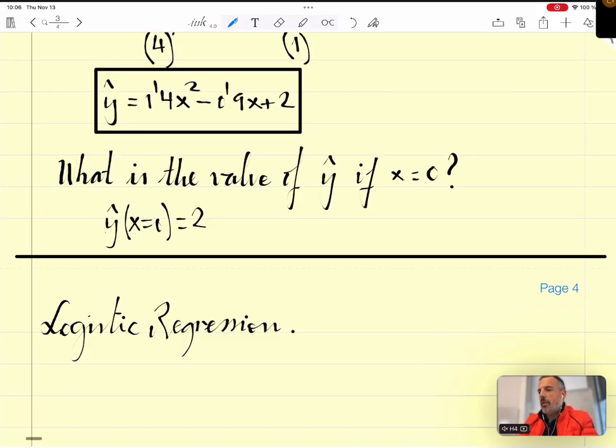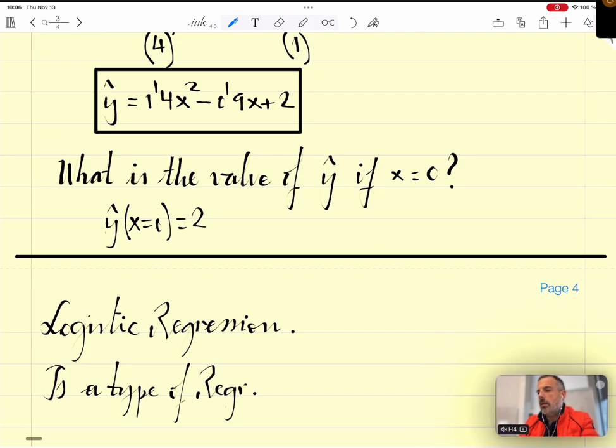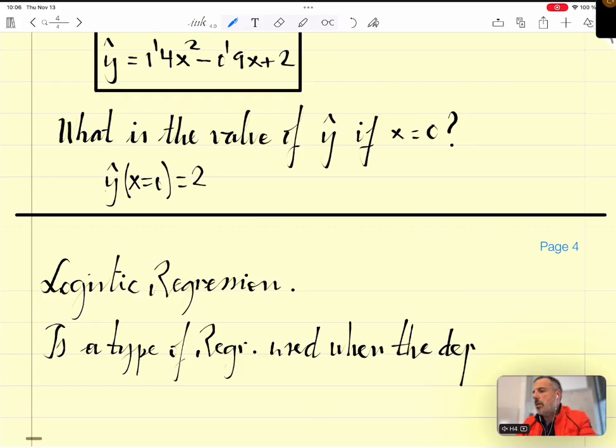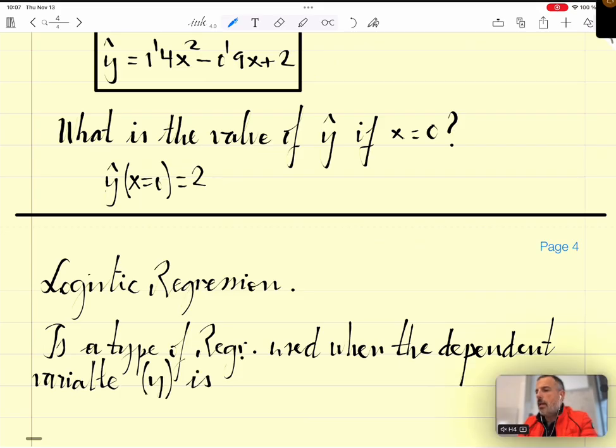Is a type of regression used when the dependent variable y is binary.